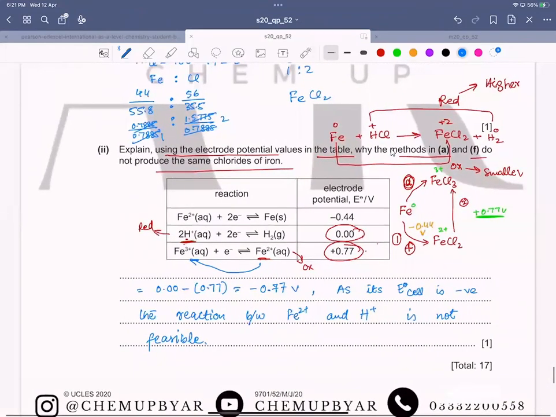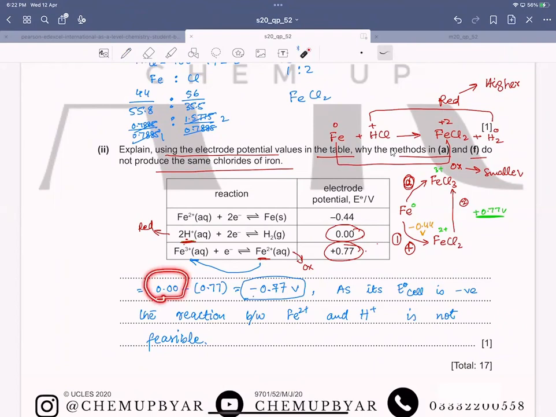When we solved it, the value that we got is negative, so we concluded that E naught cell is negative and the reaction is not feasible. Putting in the value for hydrogen indicates the reaction could not take place because I'm getting a negative value. If you still have any confusion, ask. Is it clear to everyone?